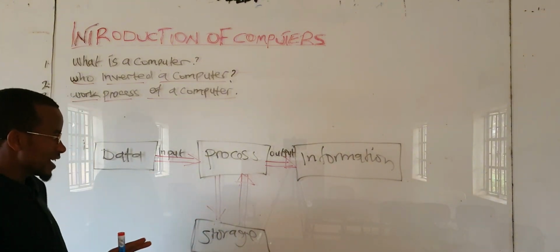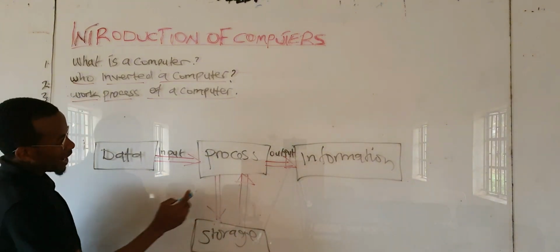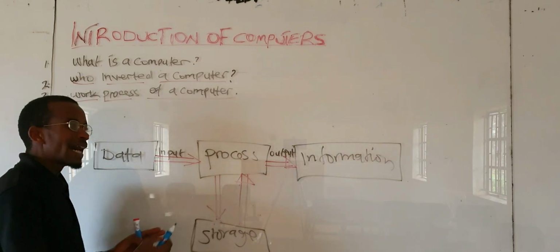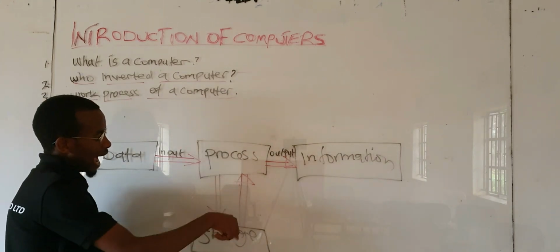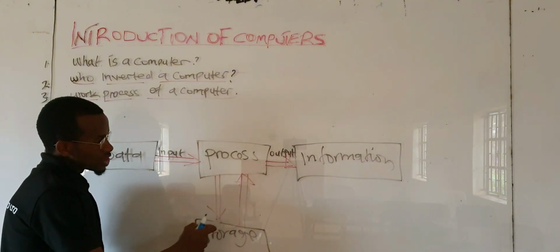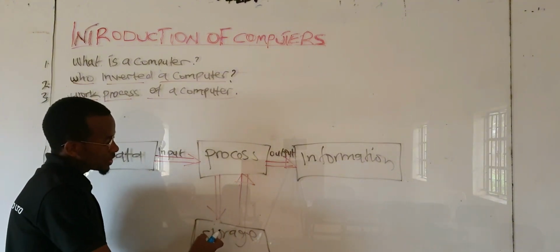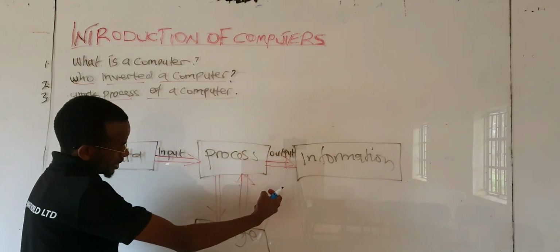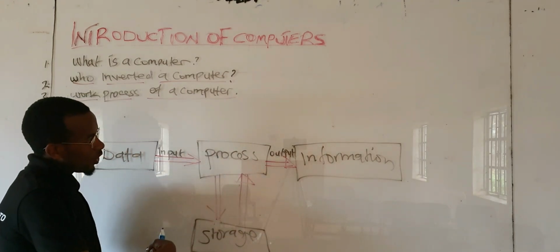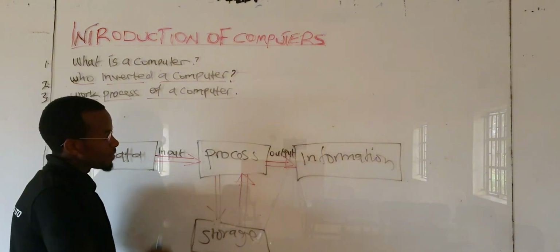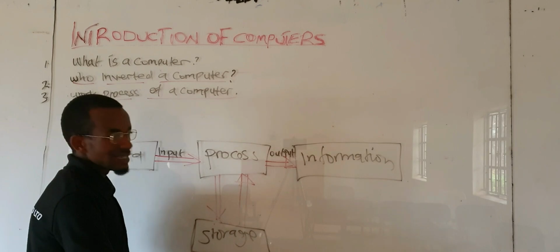Then after process, here we have two arrows. The arrow that is moving down and the arrow that is moving up. So here we mean you can store your information after outputting, or you can store your information before you start processing it.